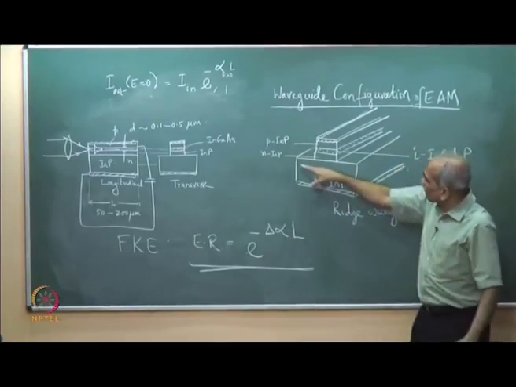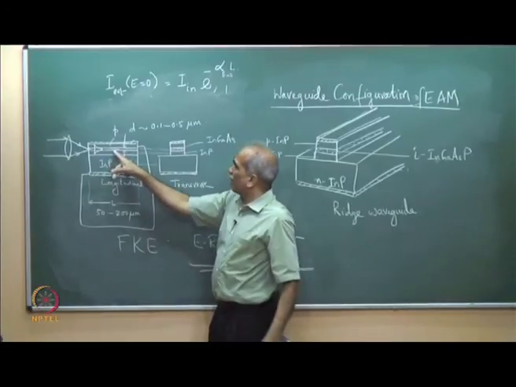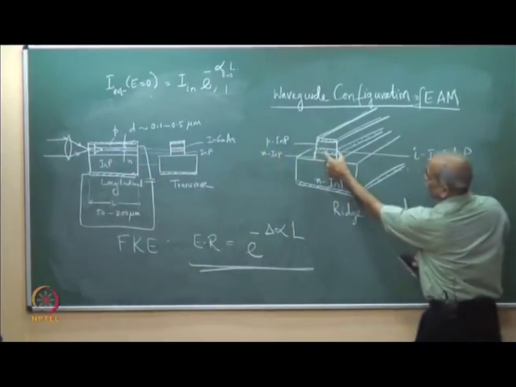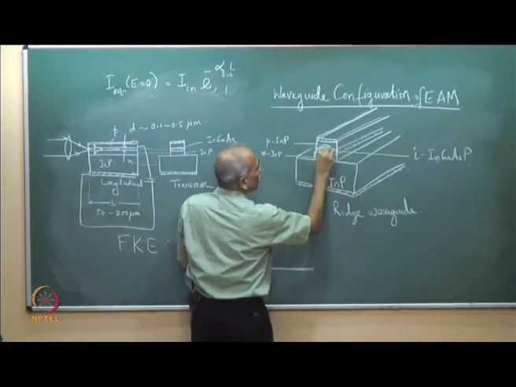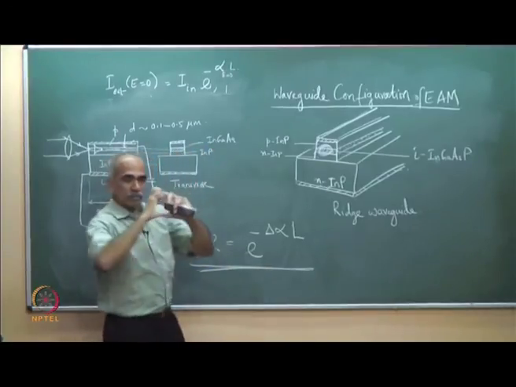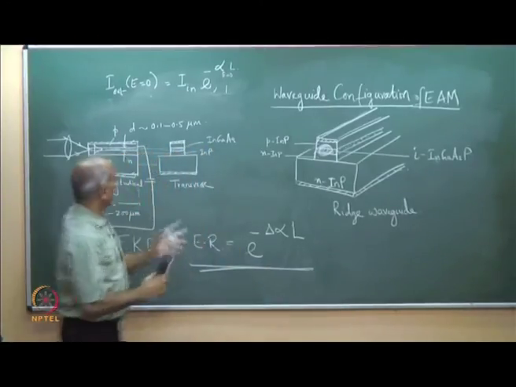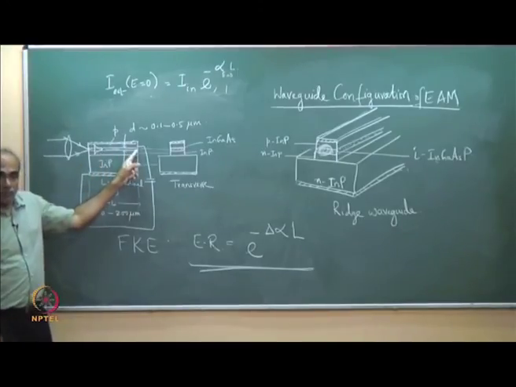Otherwise, if you do only this, it will become a planar waveguide, and that is why we have made a ridge, so that the optical energy will be confined here like this. So, it is a ridge which is carrying light. This is the optical mode.